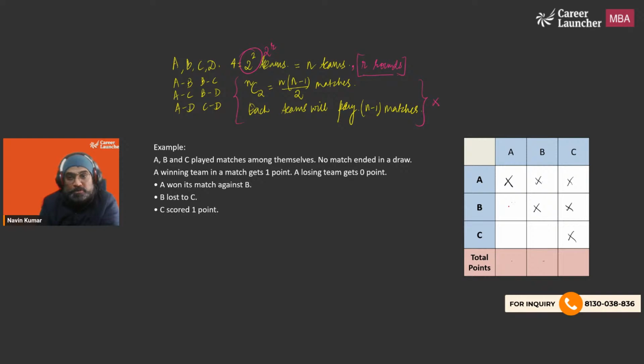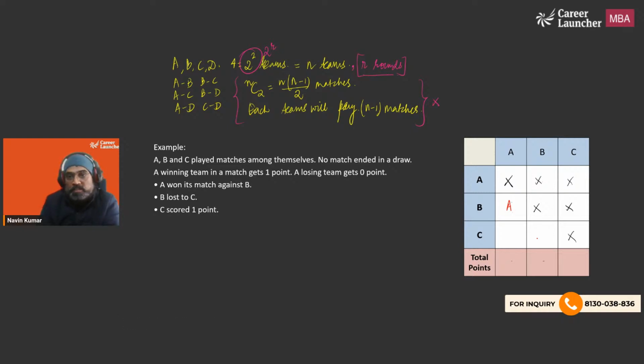We can simply write down the winning team's name so that it becomes easier to keep track of which team won how many matches, and in a match between 2 teams, which of those 2 teams wins it. So since it says A won its match against B, I'm writing A. I'm not going to write down the name of the loser.